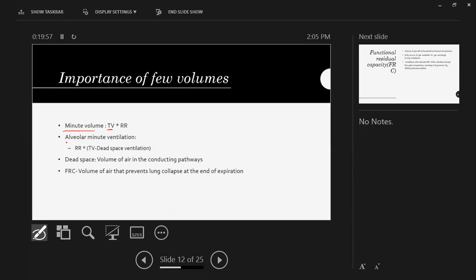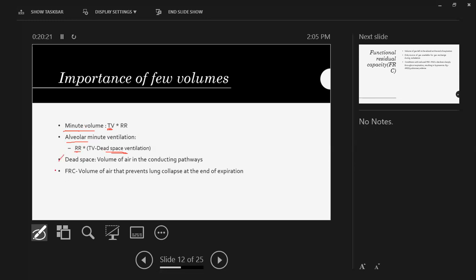So alveolar minute volume is important rather than the total minute volume. The amount of air in the alveoli can be calculated by subtracting the dead space volume from the tidal volume, because dead space is not participating in gas exchange. Multiplied by the respiratory rate, it will give you how much the alveoli are ventilating in a minute.